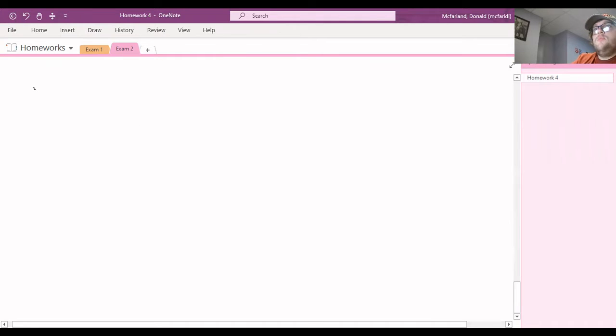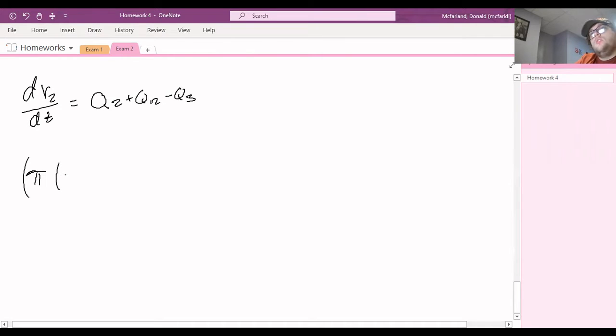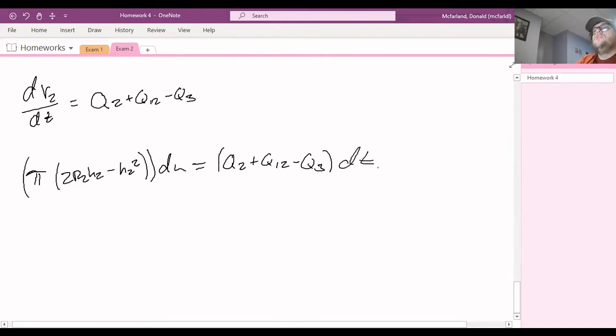And then do the same thing for our second tank. We're going to have pi (2r2h2 minus h2 squared) dh equals (Q2 plus Q12 minus Q3) dt.